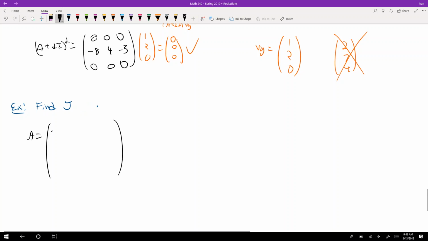It's a bit big. -3, -3, -3, -3, -3, 1, 2, 3, 4, 3, 2, 1. All right, and then everything else is 0. Okay, so find J given this matrix.